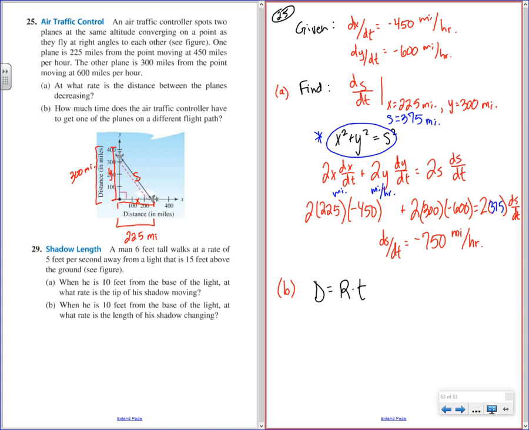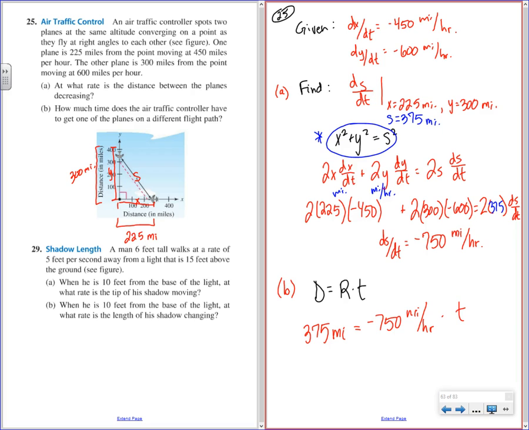But guys, don't worry, it's basically just dimensional analysis. We're saying they only have 375 miles of distance between them left. So I need to take that rate, the negative 750 miles per hour, and say, what time do I need in order to get 375?